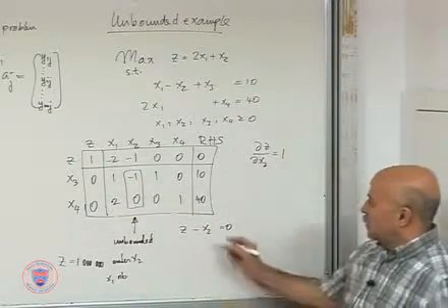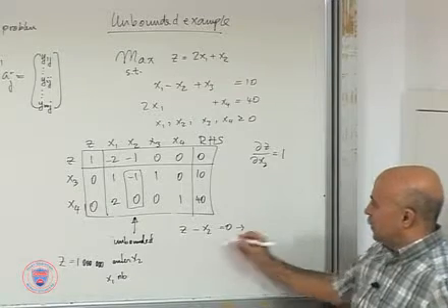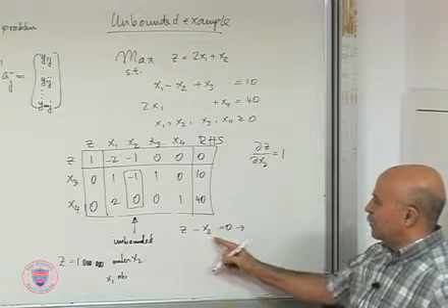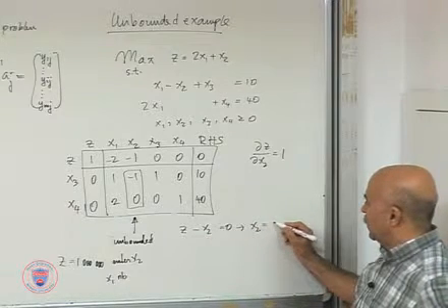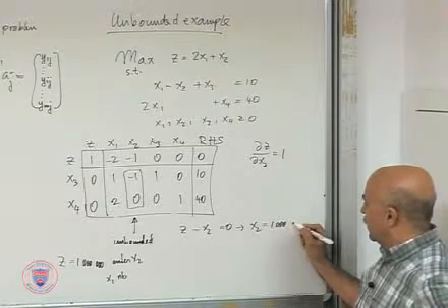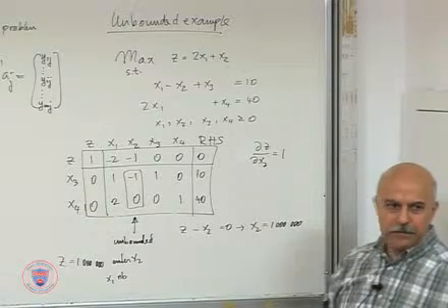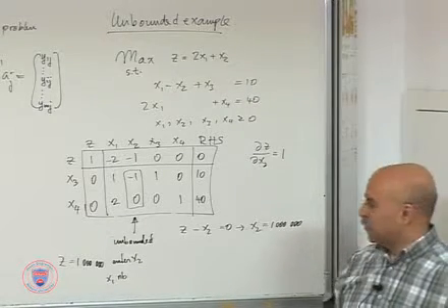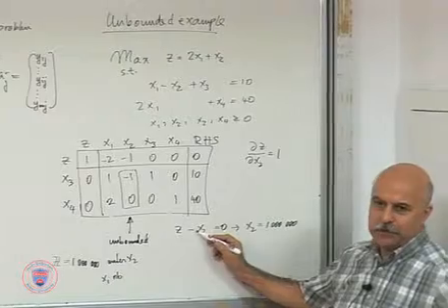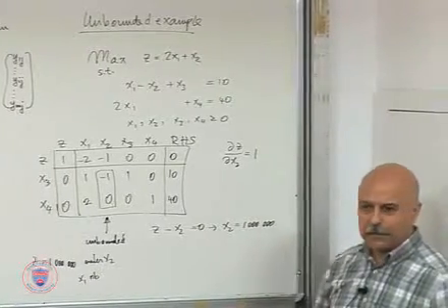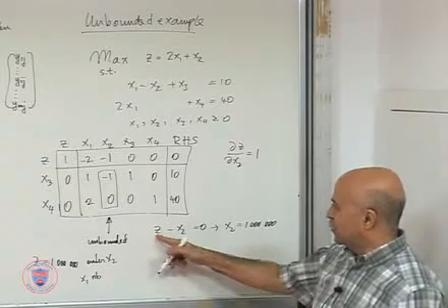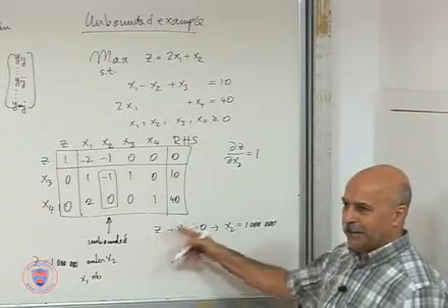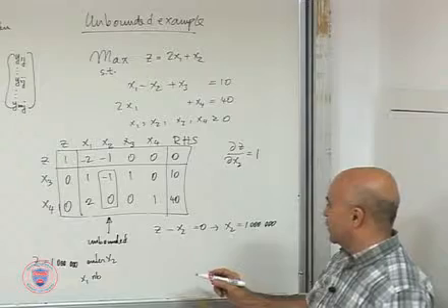Okay? So this tells me that if I want a z value of 1 million, then x2 should be 1 million. I increase it to 1 million. Of course, if you had a different coefficient here, you could have computed by how much you should increase. You just substitute 1 million for z and then solve for x2. That's it.